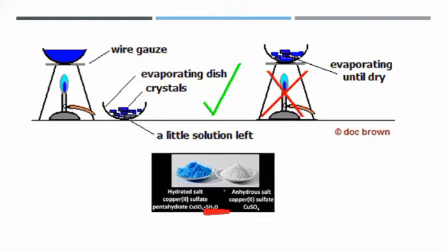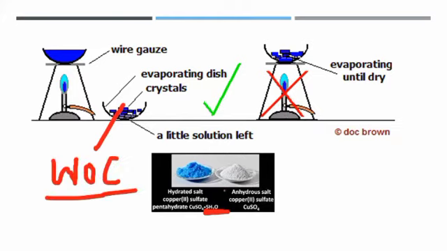What is that water called that we leave over here? It's called water of crystallization. This water of crystallization is written as 5H2O for copper sulfate. That's known as pentahydrate because there are 5 molecules of water of crystallization in copper sulfate. So you write it as CuSO4·5H2O, which makes it copper sulfate pentahydrate or hydrated copper sulfate.